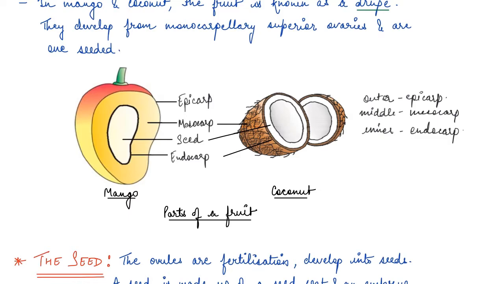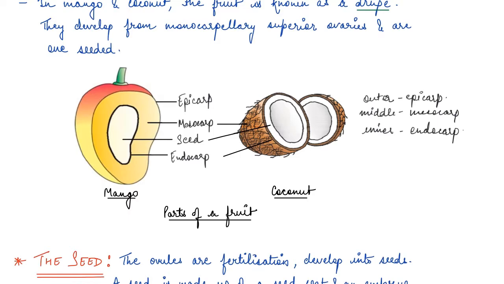So the outer layer that we peel off in mango is the thin epicarp, and there is a middle fleshy edible mesocarp, which we basically consider as the fruit and we eat it. And then there is an inner stony hard endocarp, right? In coconut, which is also a drupe, the middle layer, the mesocarp, is the fibrous layer that we see, right?